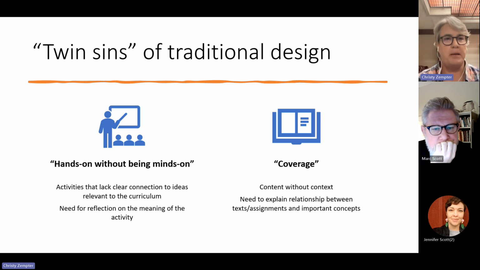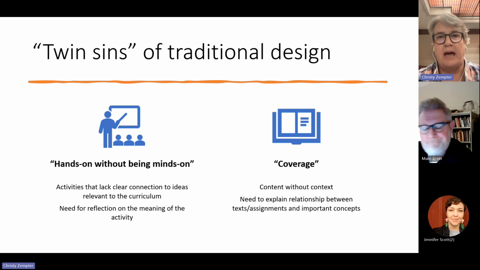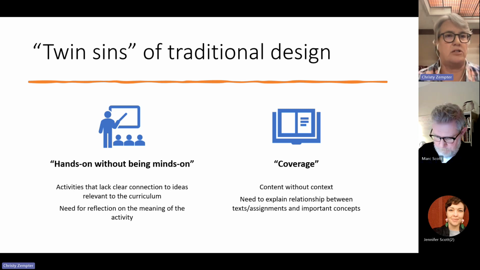And I will say I'm a big fan of experiential learning. I absolutely love active learning, but all the research around experiential learning will tell you activity or experience without any opportunity to reflect on it and to make connections between the thing that you're doing and the learning outcomes or the goals of that activity, the benefits of that are very limited without that reflection process.